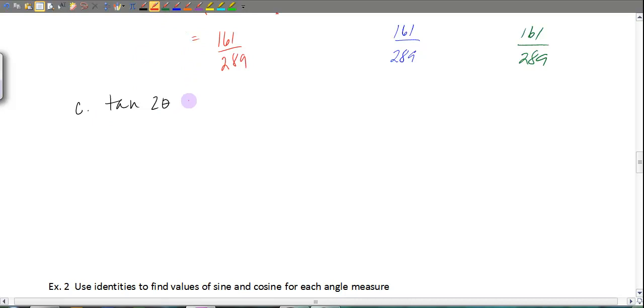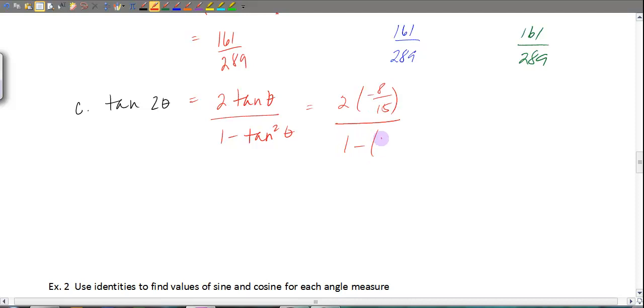Now remember that the tangent of 2 theta looks like 2 tan theta over 1 minus tan squared theta. Now we calculated tan theta to be negative 8/15. And that's 1 minus negative 8/15.